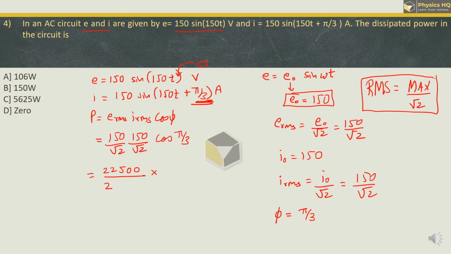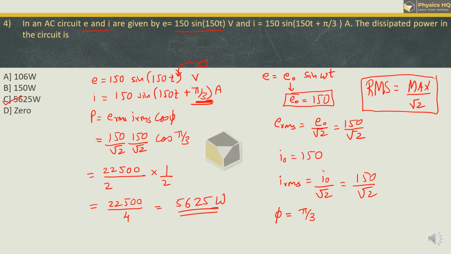And cos pi by 3 is cos 60, and cos 60 is 1 by 2. So what we'll do is 22500 divided by 4. What we'll get is 4 5s are 20, 4 6s are 24, 4 2s are 8 and 4 5s are 20. So the answer is 5625 watts.